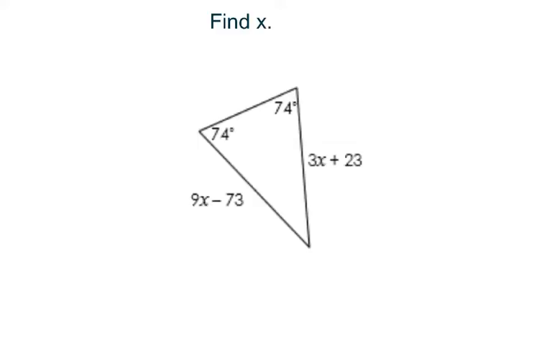Okay, so if I look at this one, I'm going to find X. If I know that this angle and this angle, which are my base angles, are congruent, then I know that these two legs over here have to be congruent, because that's what that theorem says.